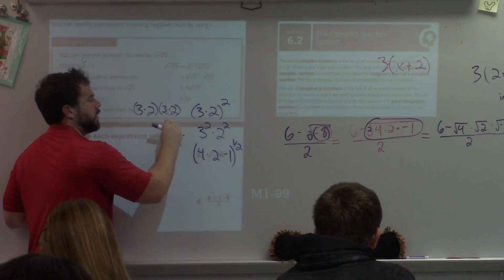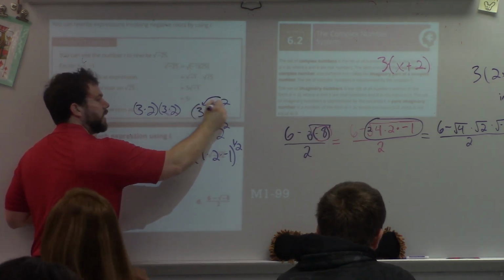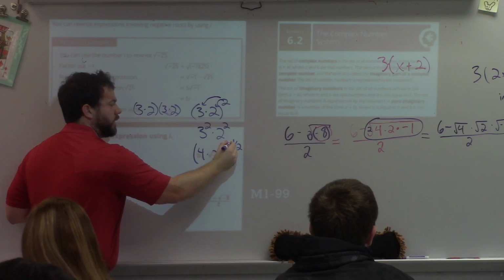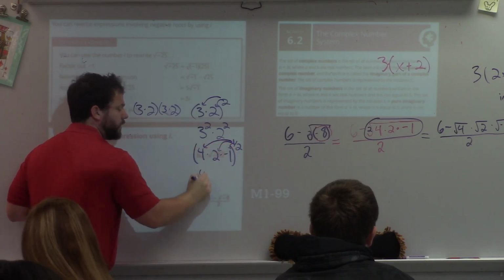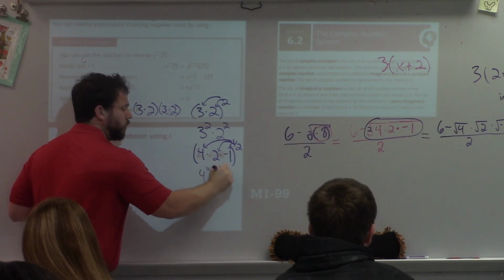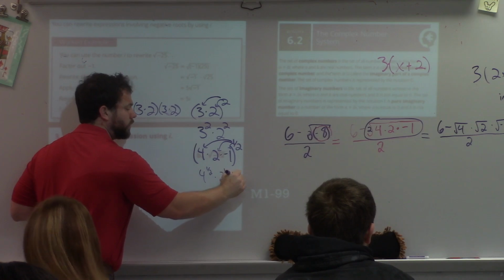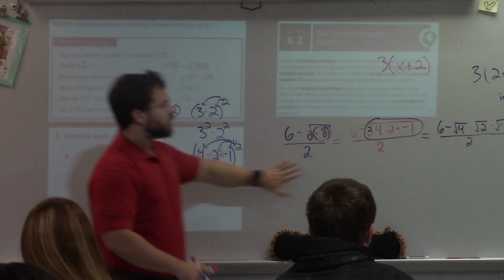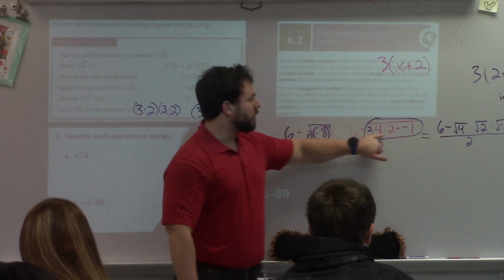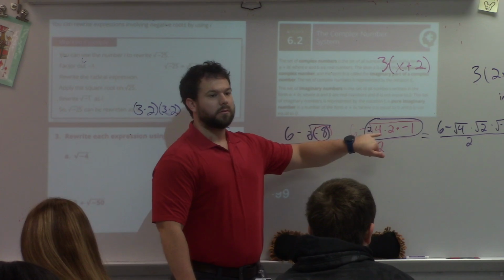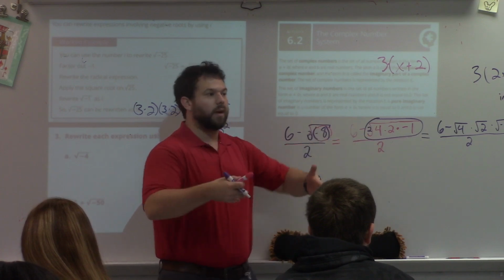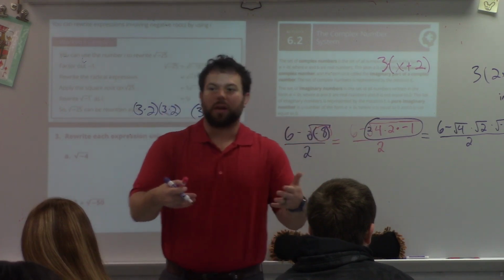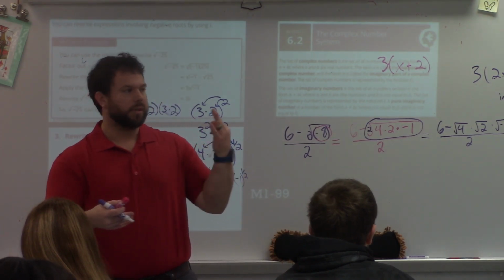So my point is, I can distribute this exponent. So what I have is the square root of 4 times the square root of 2 times the square root of negative 1. My point is, if I can factor that radicand, I can split that one radical into how many radicals? 3 of them, right?